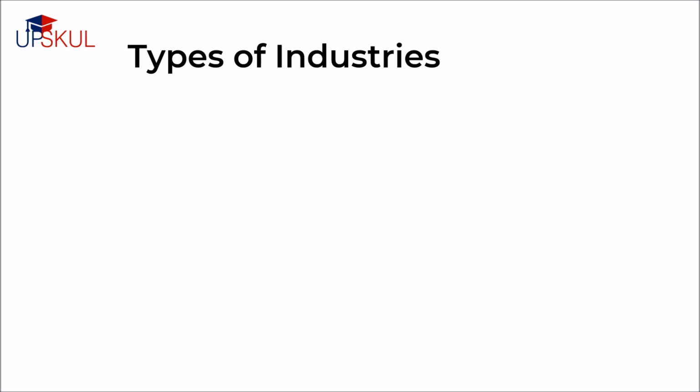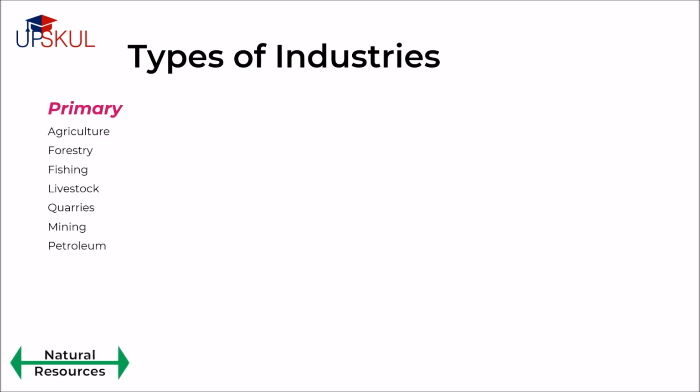Manufacturing industries. Industry consists of enterprises and organizations that produce or supply goods and services. Industries can be classified as primary, secondary, or tertiary. Primary industries cultivate and exploit natural resources such as agriculture and mining.